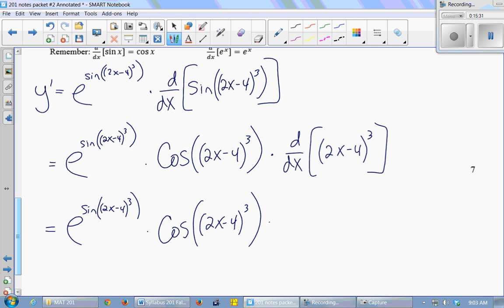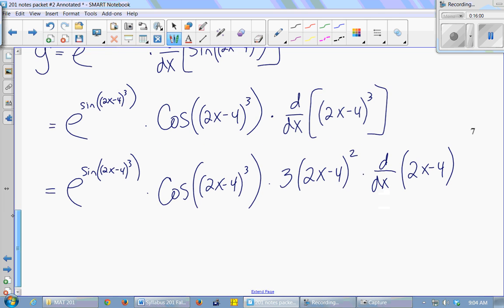This is some stuff cubed, right? So I'm going to take the derivative, standard derivative rule, bring my 3 down, copy my 2x minus 4, and squared. So I've done my power rule on the stuff, but then I still have to multiply by the derivative of the inside stuff, d/dx of 2x minus 4.